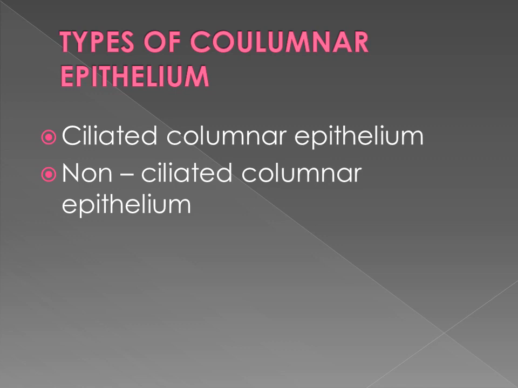The shape is columnar, pillar shape only, but here cilia, like fingers, minute hair-like projections, will be there, which I can display here. As per the presence or absence of cilia, this columnar epithelium is classified into two types, ciliated columnar epithelium and non-ciliated columnar epithelium. Let us go on to the first one, ciliated columnar epithelium.